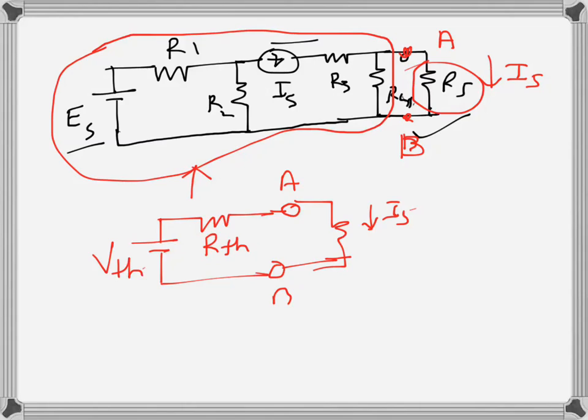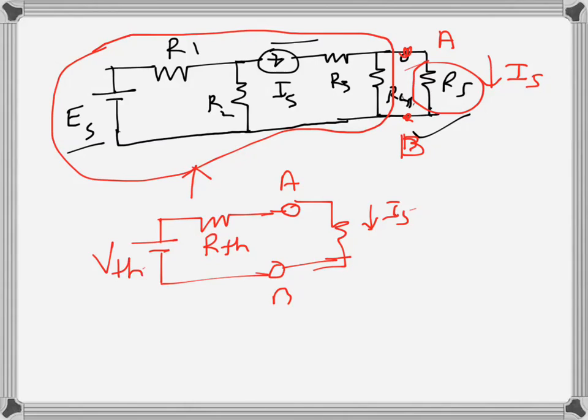So the benefit of using Thevenin's theorem is, once we are interested in the response in a particular branch, whether it's a voltage response or a current response, just a particular branch of a big circuit, and we are not interested in any other branch, we can replace the remaining part of the circuit using Thevenin's theorem.